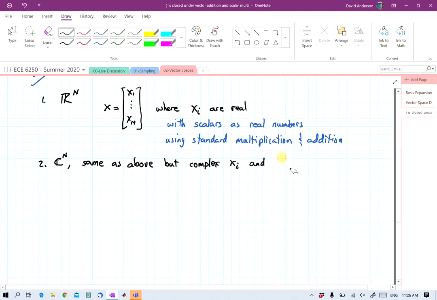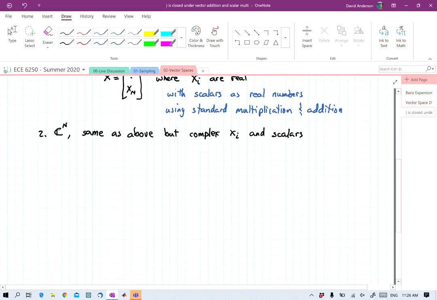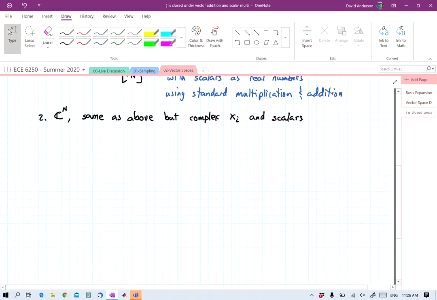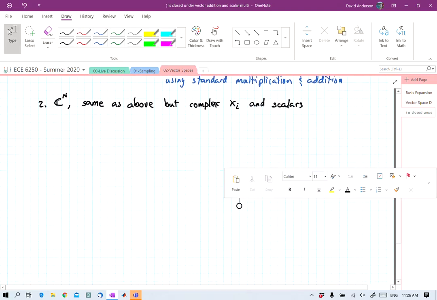I just put scalars. So that works. Okay, so these ones are pretty straightforward. We can get to some strange and interesting ones, or at least further afield.